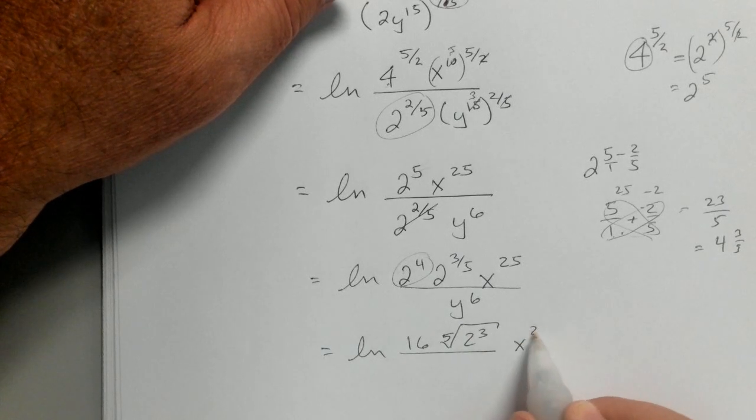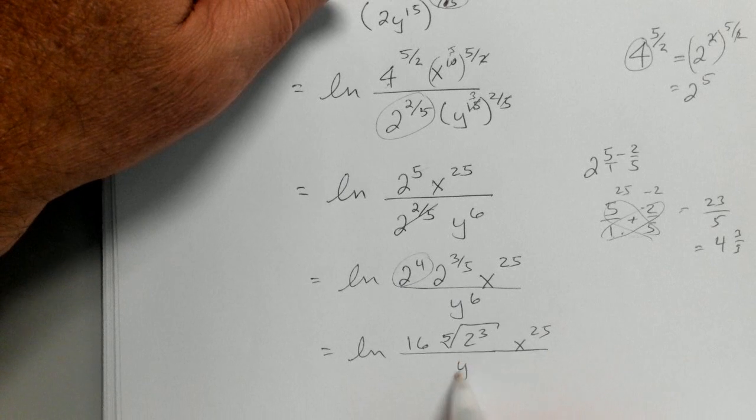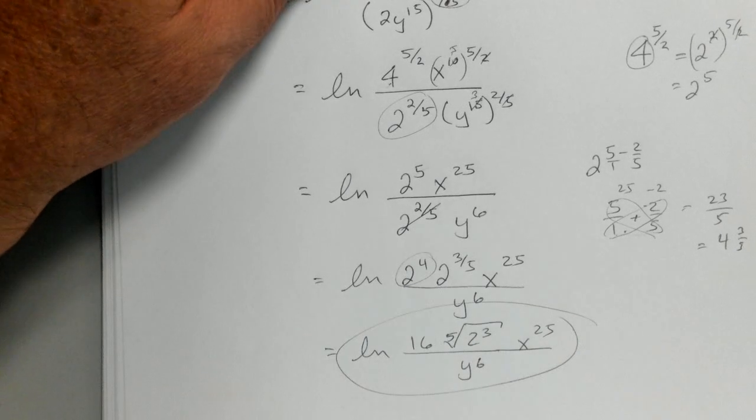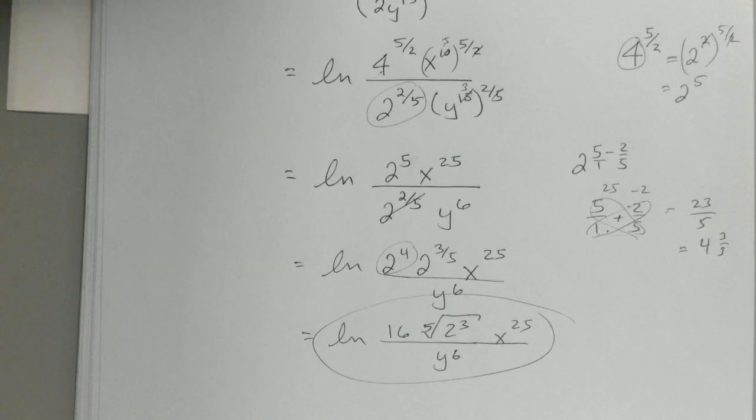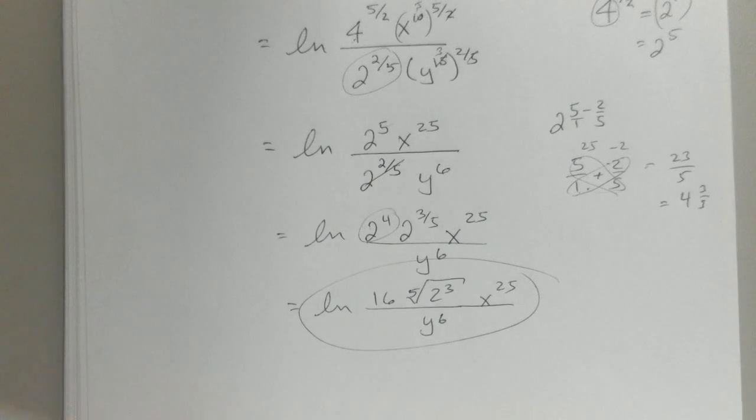So x to the 25, y to the 6th. Answer. Let's see if they even have anything. Oh, they left it as radicals. Turds.